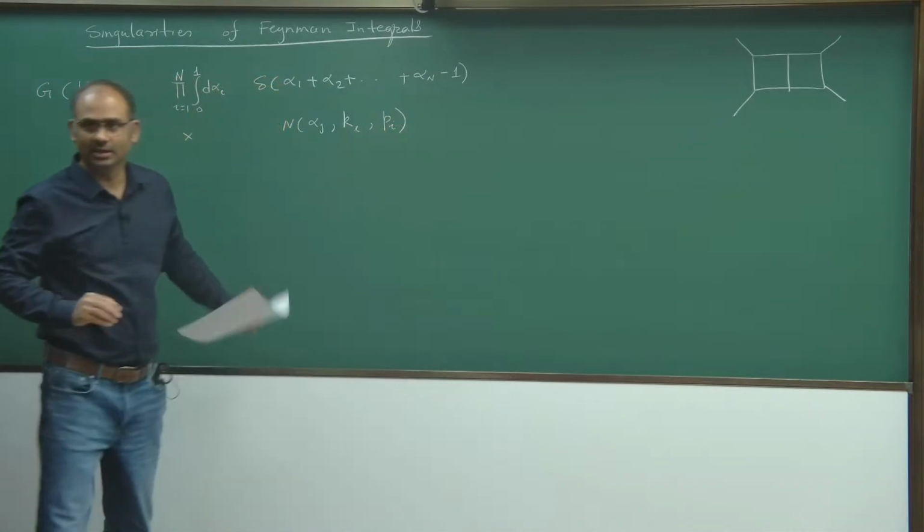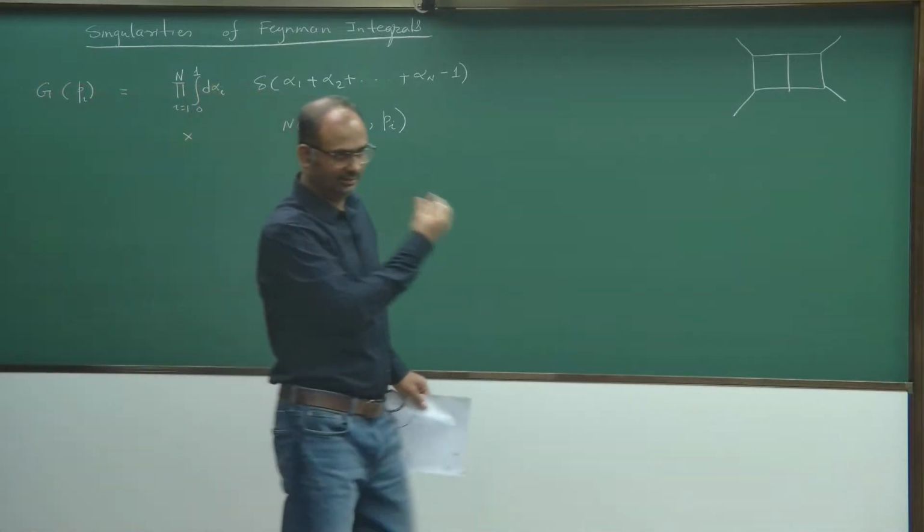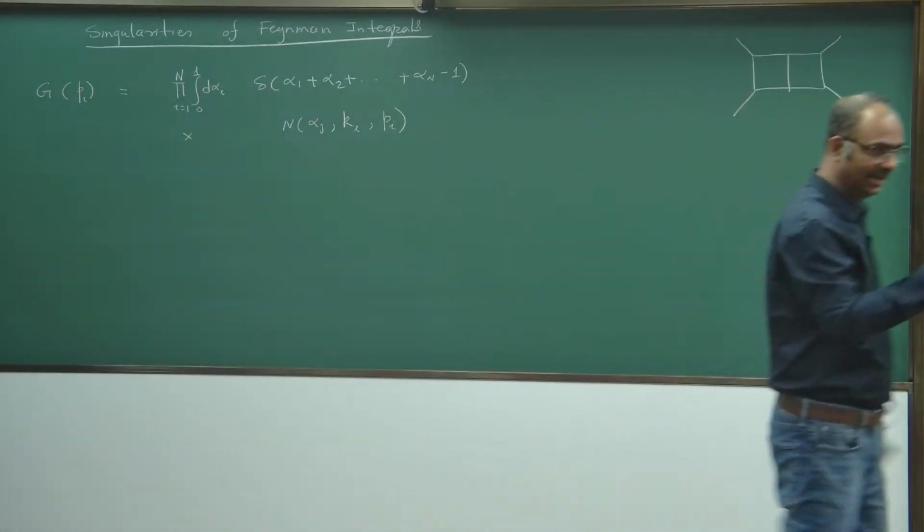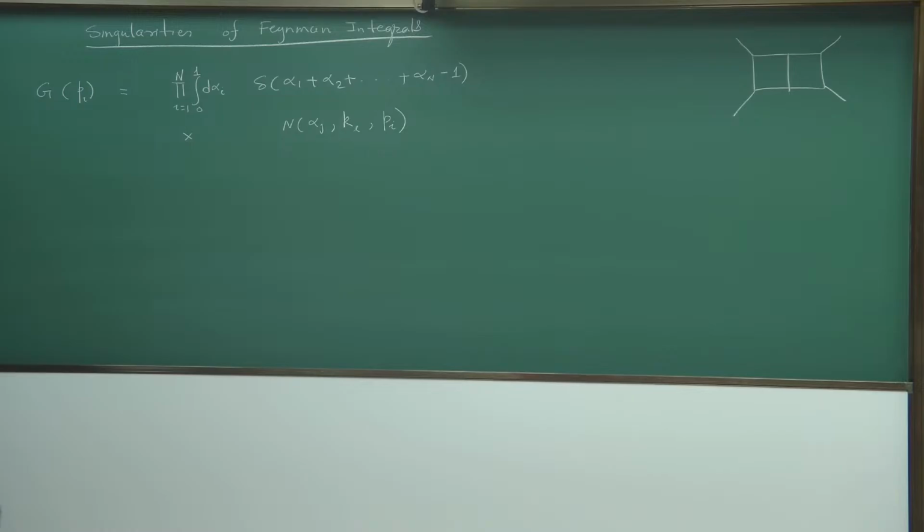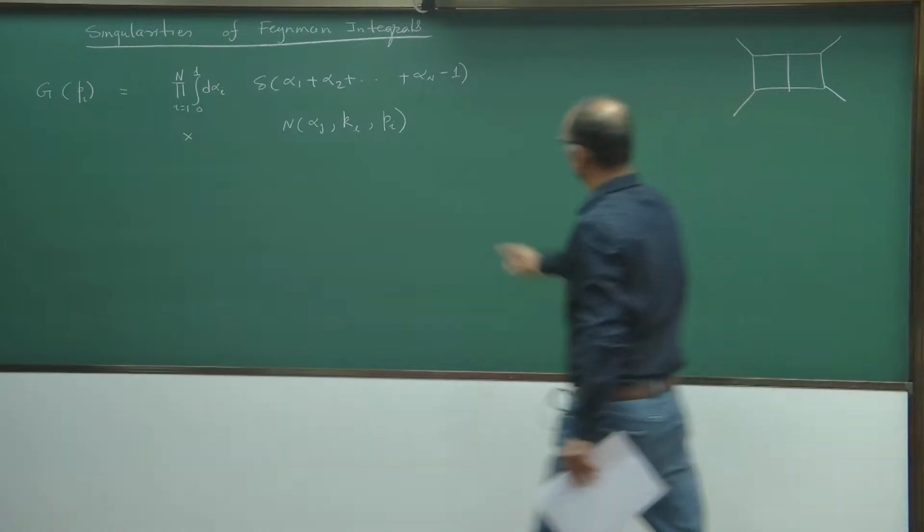And you remember the origin of alpha and k's and p_i in the numerator. For fermions, multiplying a k-slash plus m will bring it there, and it's multiplying a over alpha. So that's how it comes here.